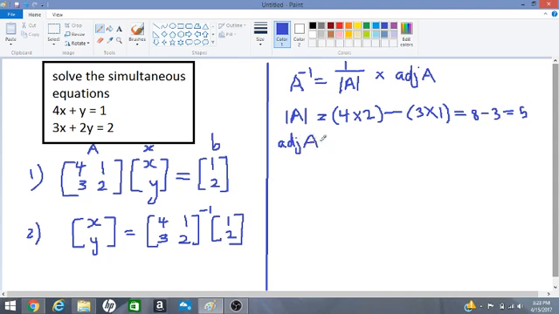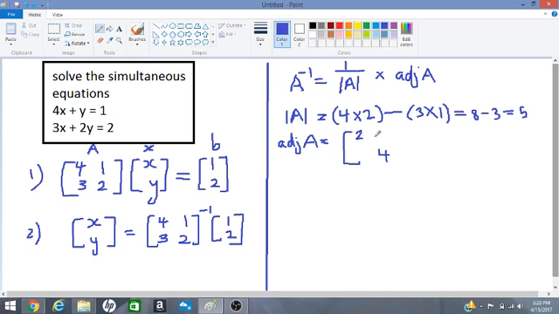Adjoint A. And remember, we have to do some switching around. So we switch the 4 and the 2 around. We interchange their positions, so the 2 will be here and the 4 will be here. Afterwards, we change the signs. So this would be negative, negative here. We change the signs along this line.